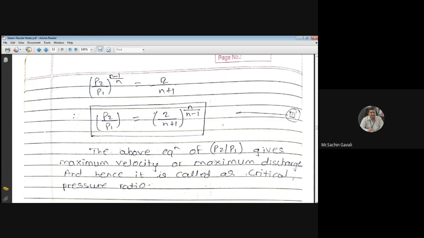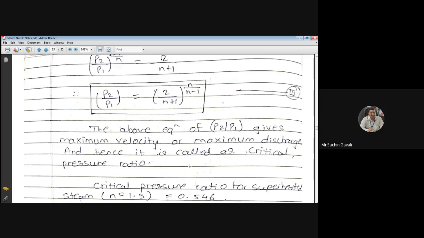The critical pressure ratio value, P2 upon P1 is equal to 2 upon n plus 1 raised to n upon n minus 1. So this value of pressure ratio, which gives the maximum discharge or velocity, is called the critical pressure ratio.